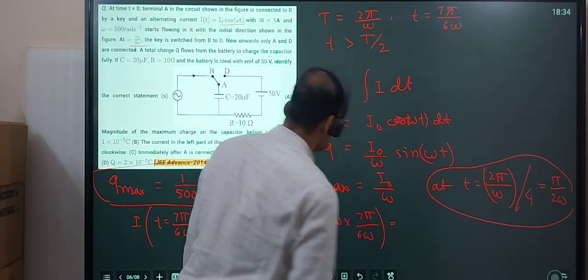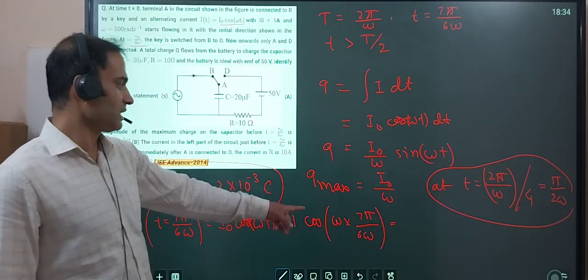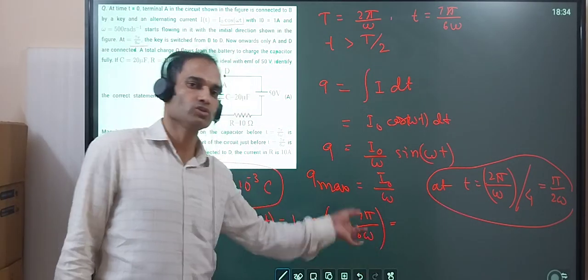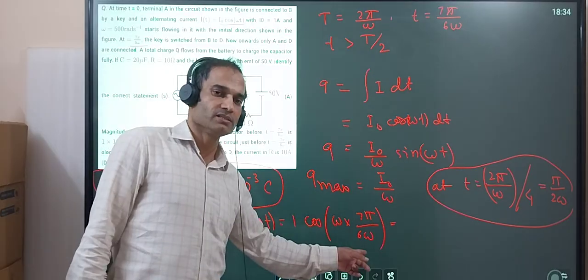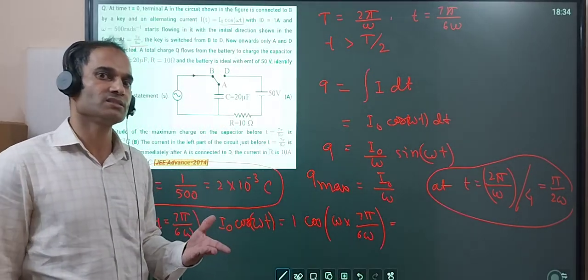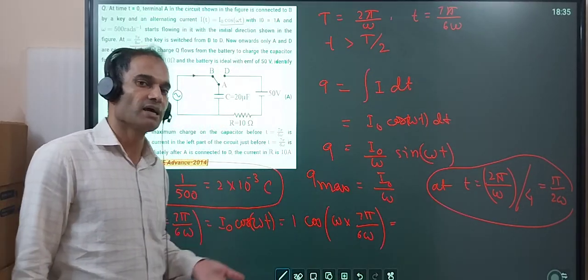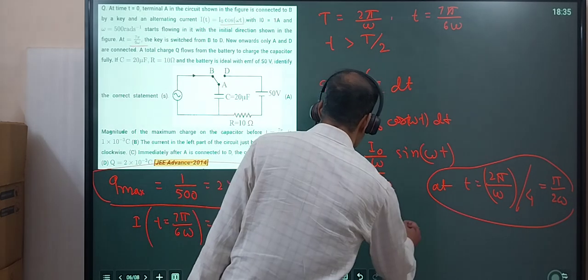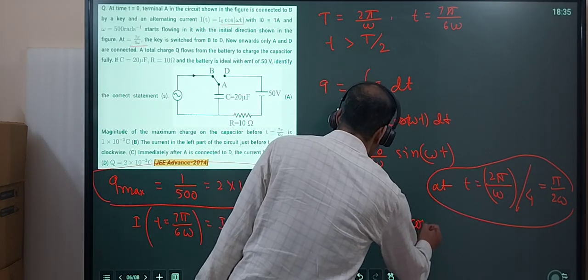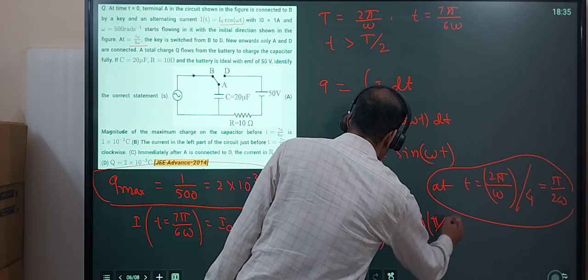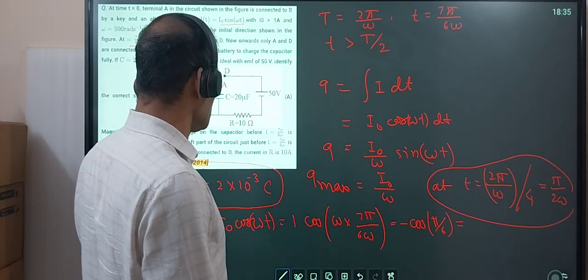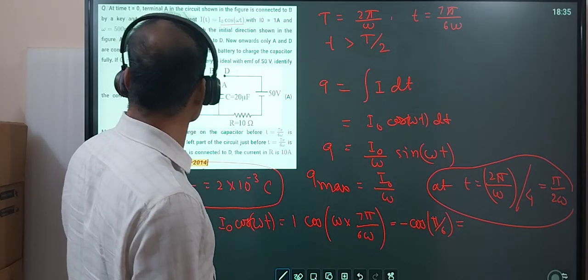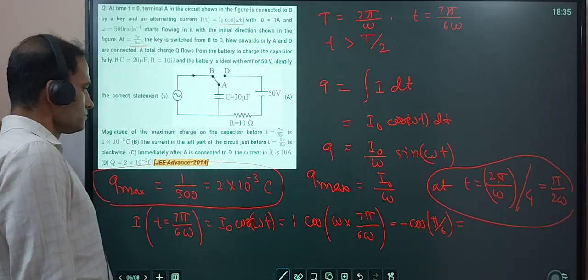So this will give you cos 7 pi by 6, which will be minus cos pi by 6. Okay, that will give you, okay, this will give you what?